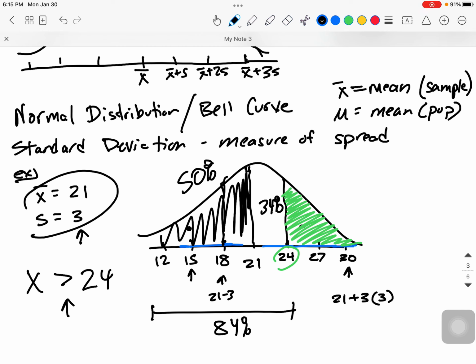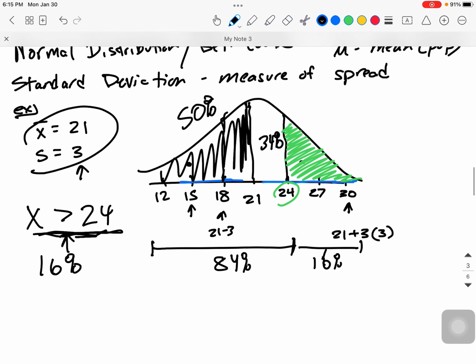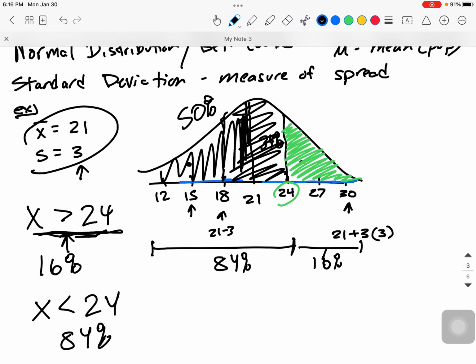But if the whole thing is 100%, then this has to be 16%, meaning the green space. So I could say as a conclusion that the chances of a data being bigger than 24 would be 16%. Similarly, less than 24, meaning all this black area, I would say it's 84%, just by breaking things up into chunks.